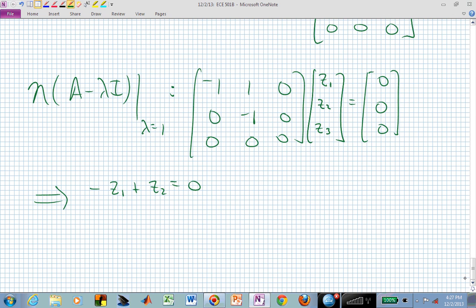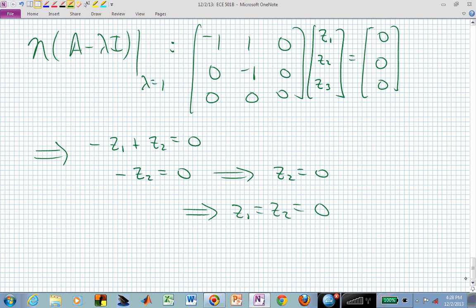From the second row, we see that minus z sub 2 is equal to 0. And so this immediately says z sub 2 is equal to 0. If we now plug that into the first row condition, then z1, which is equal to z2, is also equal to 0. And z3 can be anything, can't it? Because it's going to be annihilated by this column of all zeros in the A minus lambda I matrix.